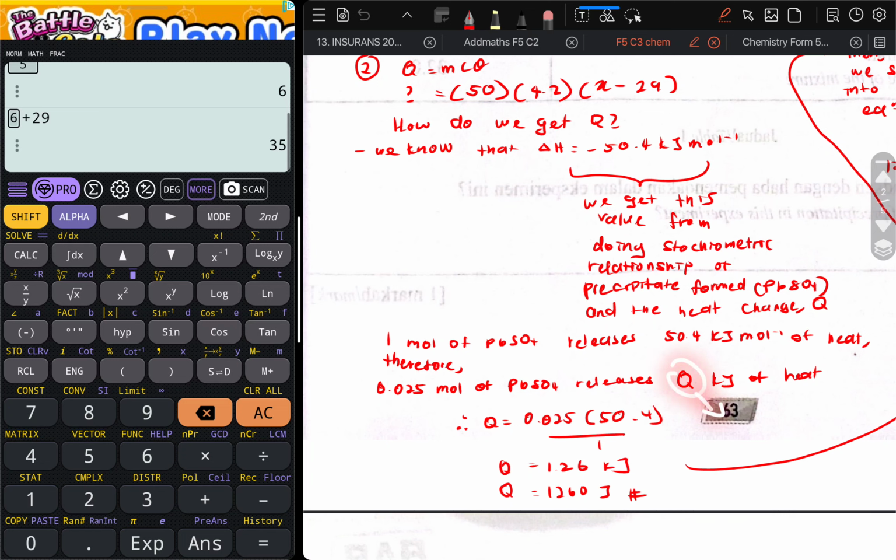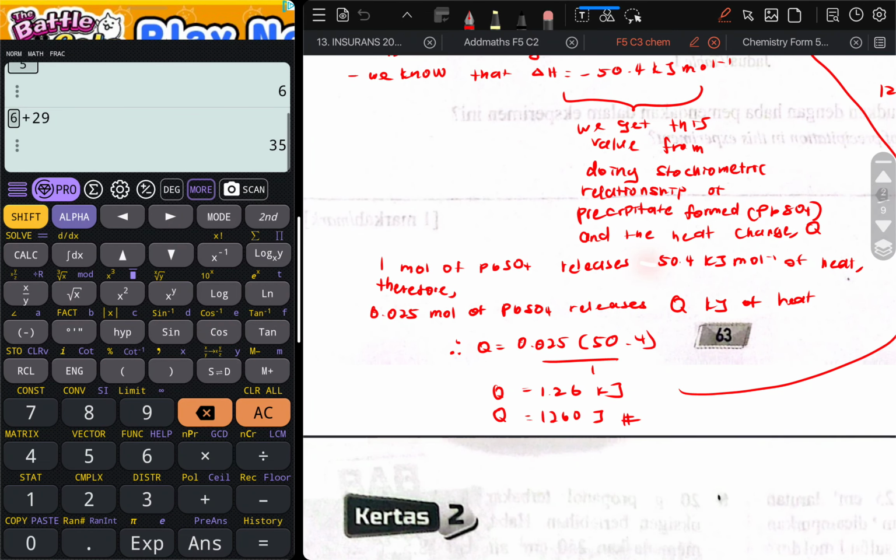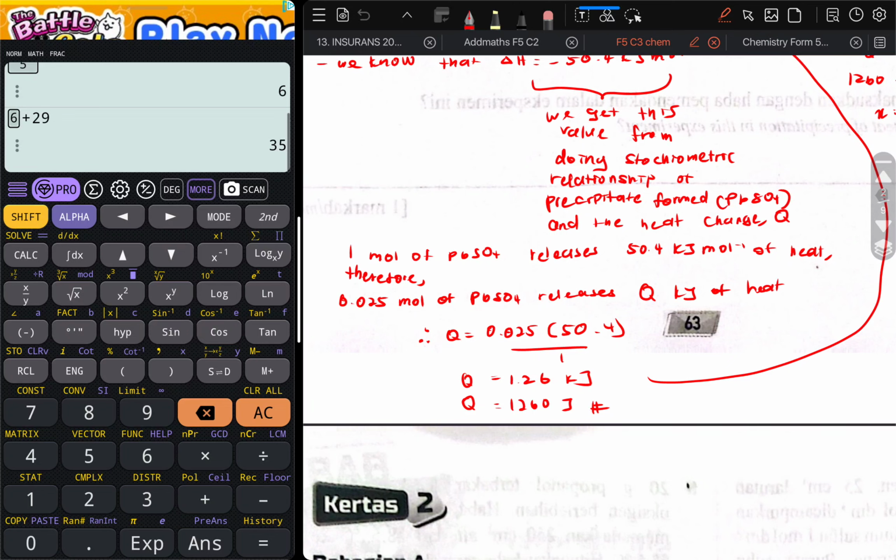Q is heat release, and 50.4 is the heat change. Remember, for calculation you don't write the negative in the final answer, but you write the negative to show that it's exothermic.